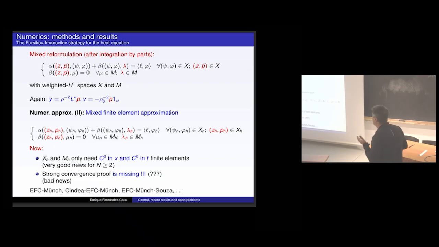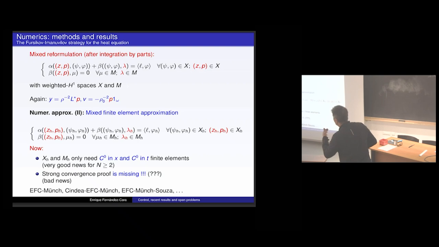I don't know how to prove that as h goes to 0, as the mesh becomes finer and finer, this converges to the solution, to the original solution of the problem. There is a problem here because of the presence of the weights. So the theory is missing here for the moment.